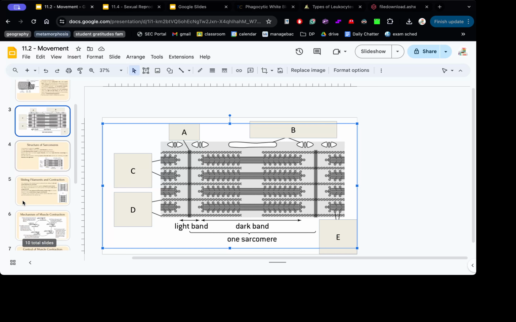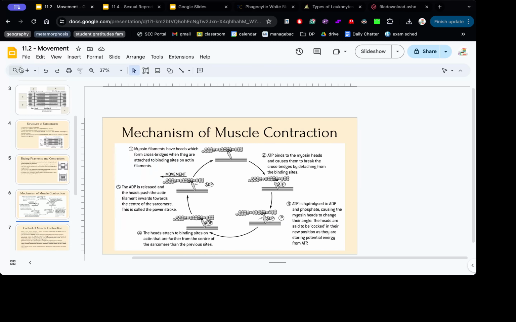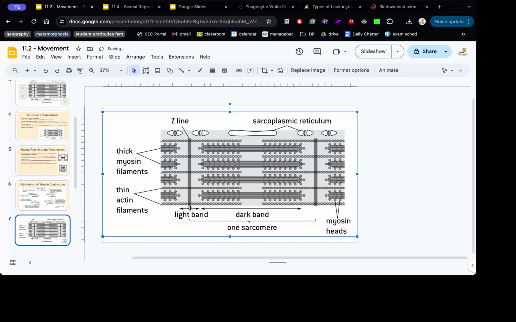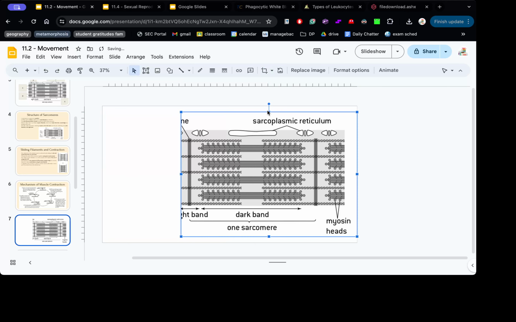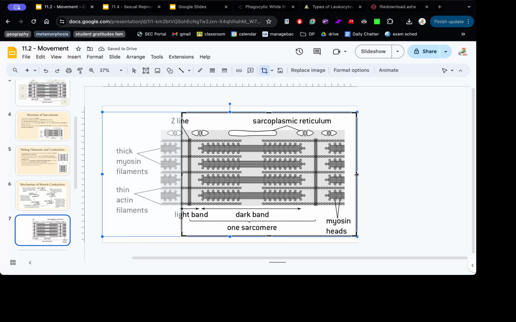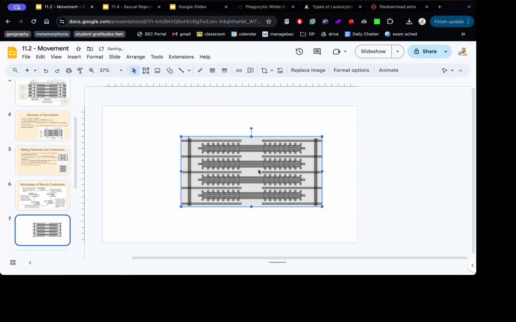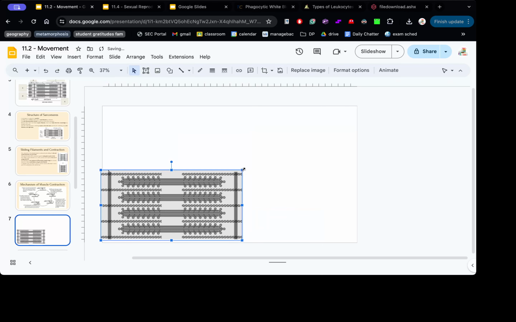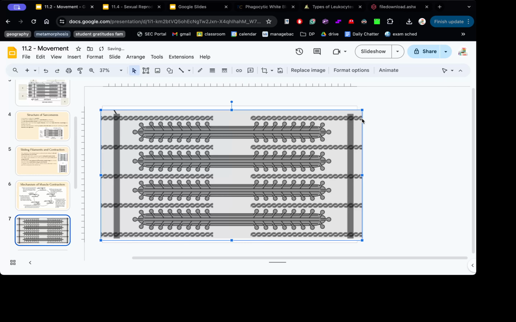Let me just insert a random thing here and make this bigger. Oh, no, I don't want to cut out the Z line. Okay. Let me just zoom this in as much as I can, and then I'll explain.